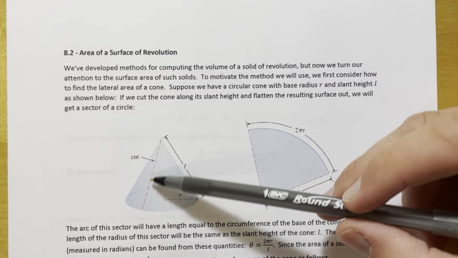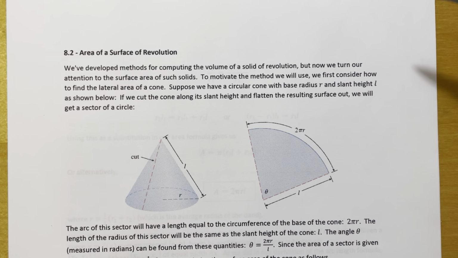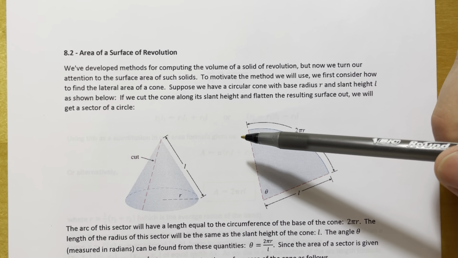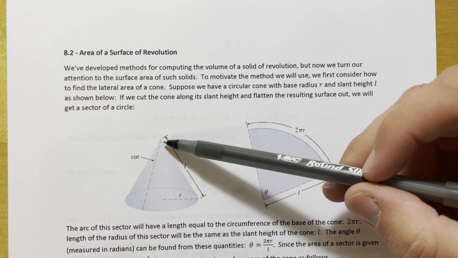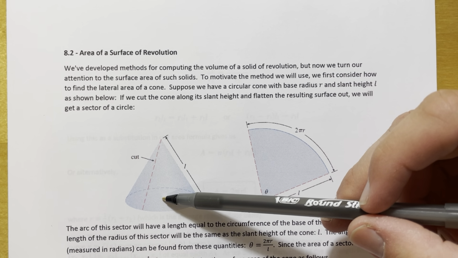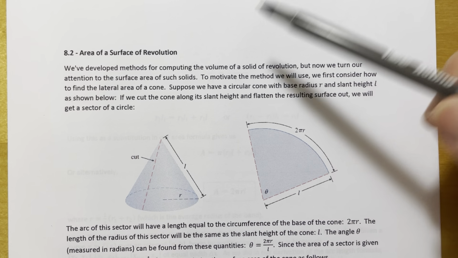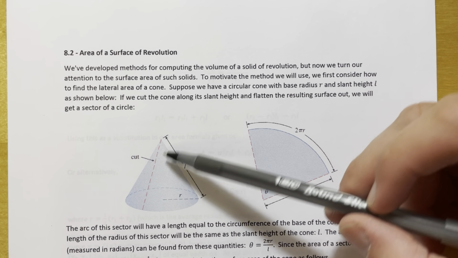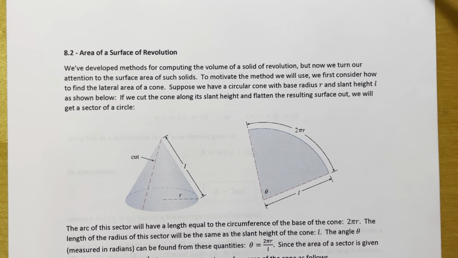And the length of that cut, we're going to call that L, which represents what we call the slant height of the cone. So it's not the height of the cone. The height would be if you drop a perpendicular from this vertex down to the center of that circular base. But the slant height goes up the side of the cone. So the length of that thing, which we're seeing here, is what we call L.